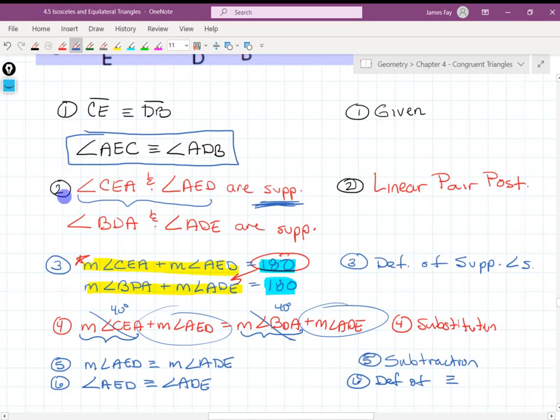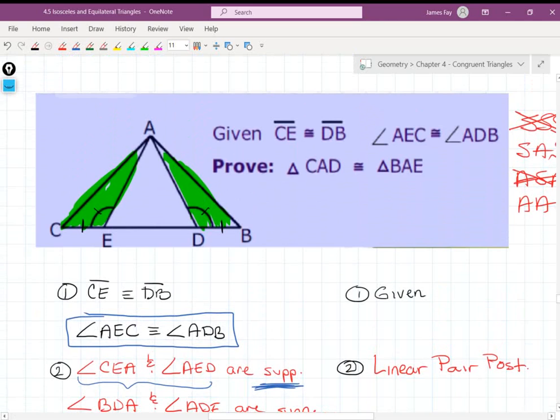when we were up here in statement 2, Joel was able to make us realize that we had some segments congruent. But before we can argue that they're congruent, we had to come up with this first. Because now, look at statement 6, it says AED and ADE are congruent angles.